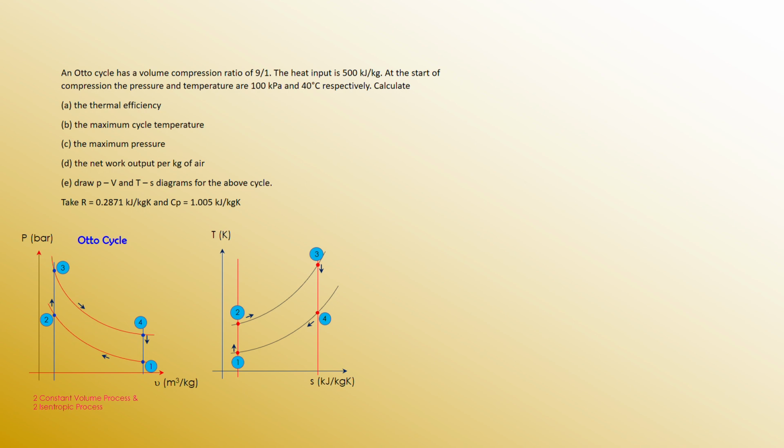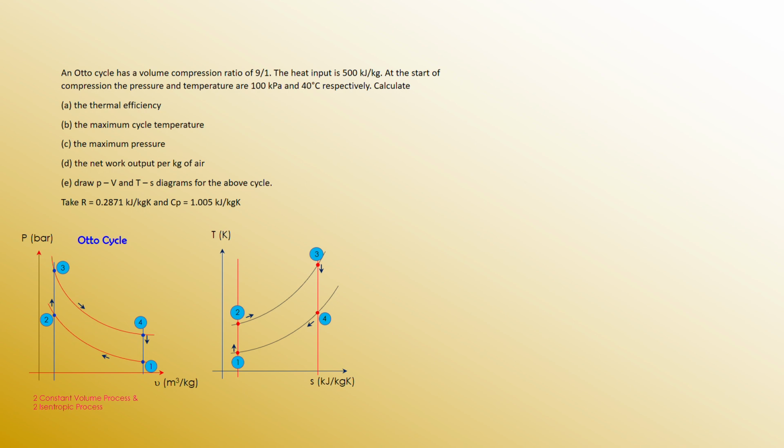Both of these diagrams have been pre-drawn, so it is much easier for you to refer to them from here. But usually we will have to draw the diagrams out before we solve the problem. Then they ask us to calculate the thermal efficiency, the maximum cycle temperature, the maximum pressure, the network output, and then draw the PV and TS diagram for the above cycle.